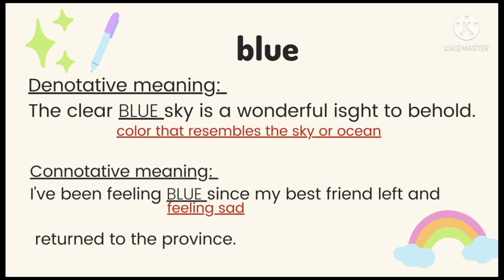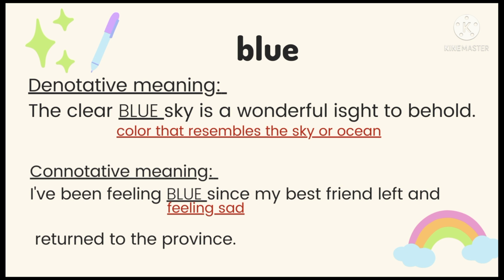By using denotation, we have the sentence, "The clear blue sky is a wonderful sight to behold." The word blue here means a color that resembles the sky or ocean. But by using connotation, the sentence, "I've been feeling blue since my best friend left and returned to the province." The word blue here means feeling sad.